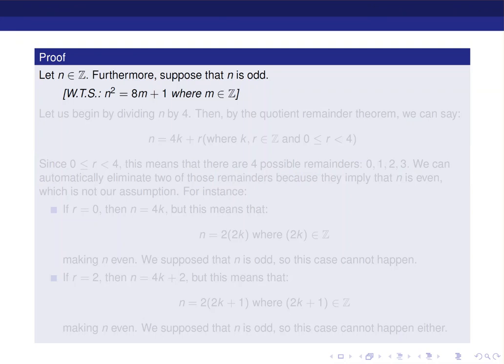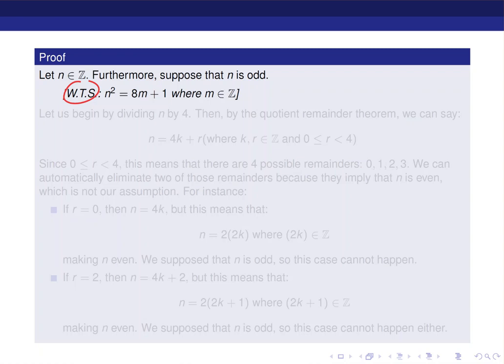We're going to prove this in a slightly different way. We're going to start with an integer n, and we're going to suppose that the integer is odd. And keep in mind that we want to show, that's what WTS stands for, that the square of the integer, meaning n squared, has the form of 8m plus 1. Originally, when I did that on scratch paper and just squared the 2k plus 1, I didn't get the right form.